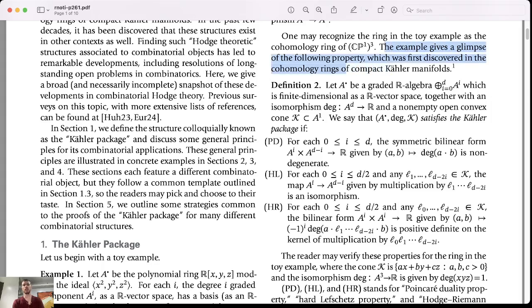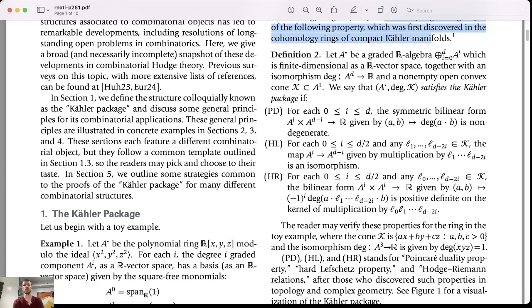The example gives a glimpse of the following property, which was first discovered in the cohomology rings of compact Kähler manifolds. Definition. Let A dot be a graded real algebra, the direct sum for i equals 0 to d of A_i, which is finite dimensional as a real vector space, together with an isomorphism degree from A_d, the d part of A, to the reals, and a non-empty open convex cone K subset of A1.